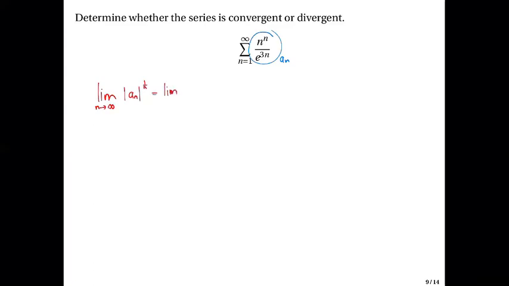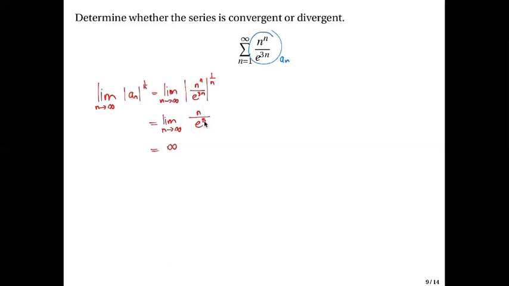So let us put the given a sub n. You have n to the n over e raised to 3n, absolute value, raised to 1 over n. But this is just the limit as n approaches plus infinity of n over e cubed. So we immediately conclude that this is just plus infinity.